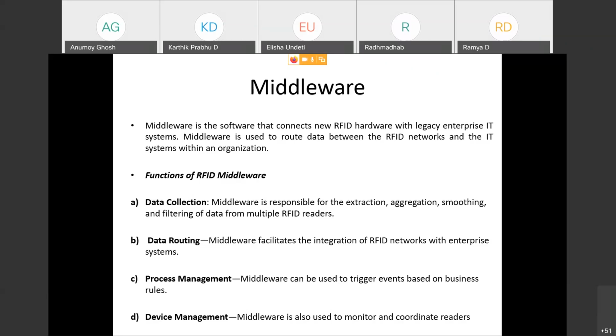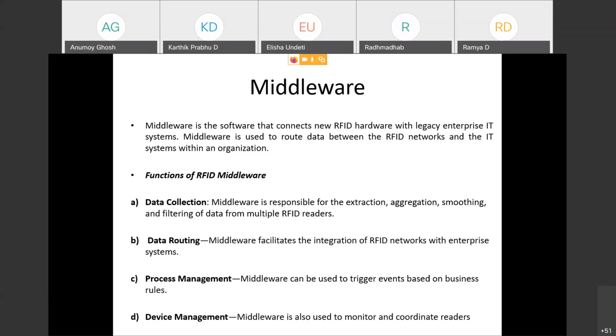Data routing also, because it is integrating the RFID networks and routing the data from each reader to the controller. Then process management. This is not actually relevant to the transport system. In general, process management is there for middleware in RFID systems.